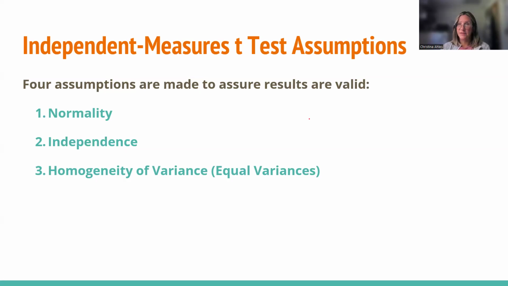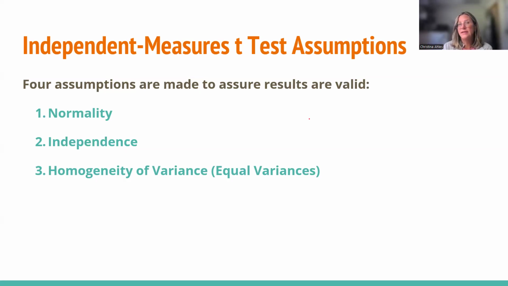Homogeneity of variance is your newest one. It talks about how we're assuming that the variances are not significantly different. Homogeneity of variance is also known as equal variance. But in reality, we are not looking for exactly equal variances between the conditions. What we're looking for is for them to not be significantly different.